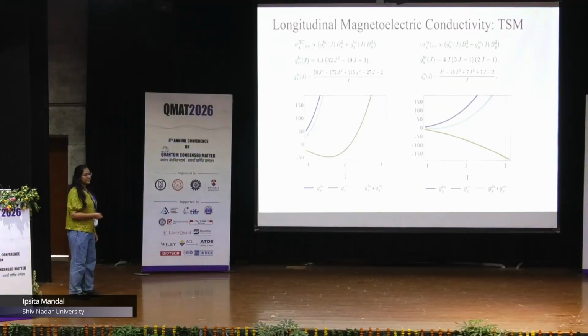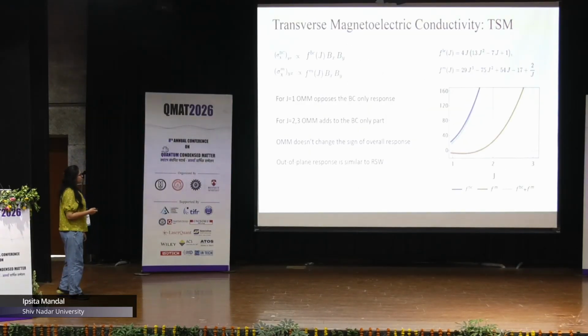Similarly, we see an interesting interplay depending on J, whether the OMM will increase or decrease the conductivity. Then the transverse response also shows an interesting interplay, that for J equal to 1 it decreases the response, while for 2 and 3 it increases the response.